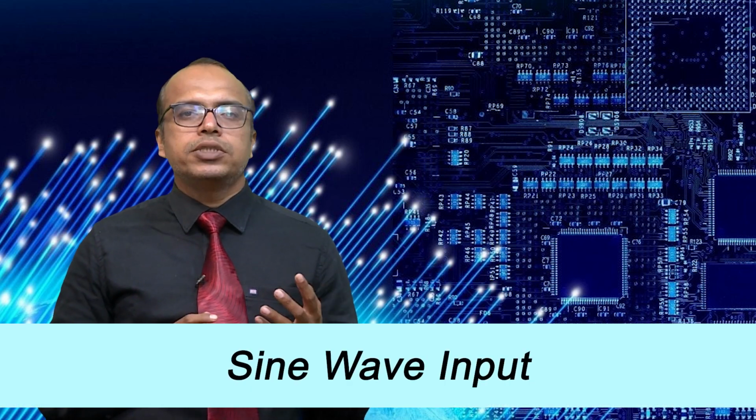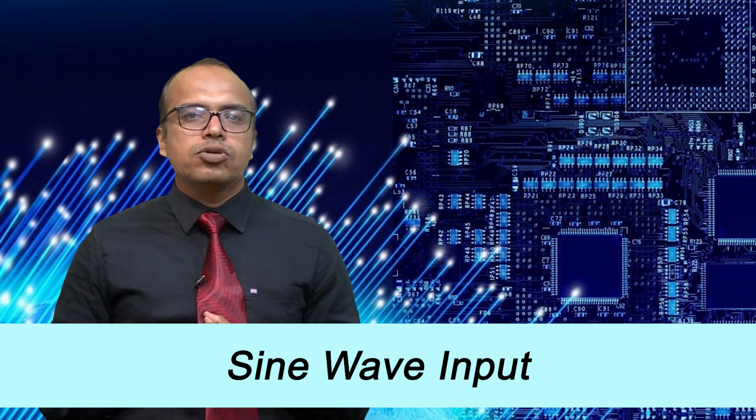The next is sine wave input. Input signal is a sinusoidal waveform. For a sine wave input, the differentiator produces an output that emphasizes the high frequency components of the sinusoidal signal.